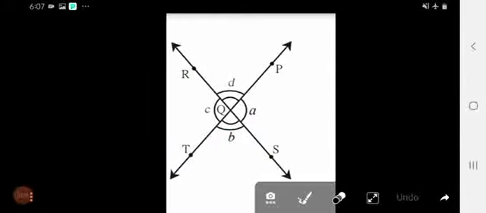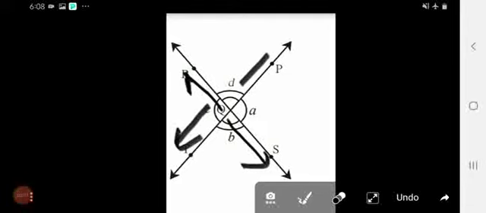Next concept is vertically opposite angles. Two angles are said to be vertically opposite angles if the arms of those angles are opposite rays. For example, for ray RQ, SQ is the opposite ray, and for TQ the opposite ray is PQ.